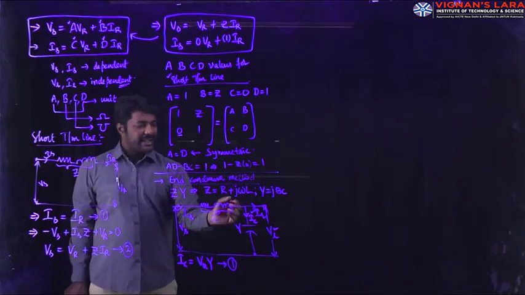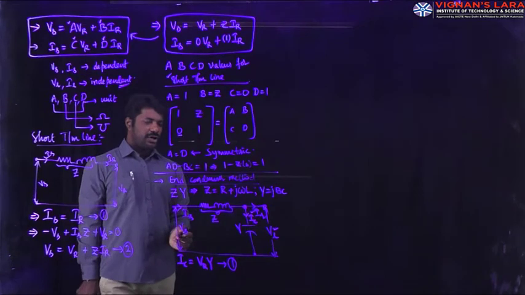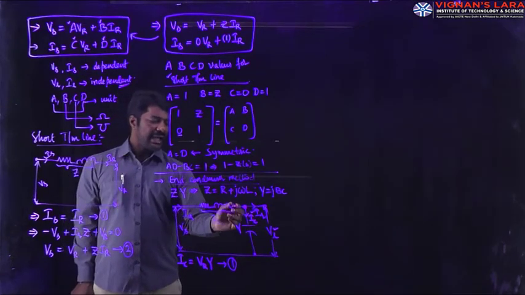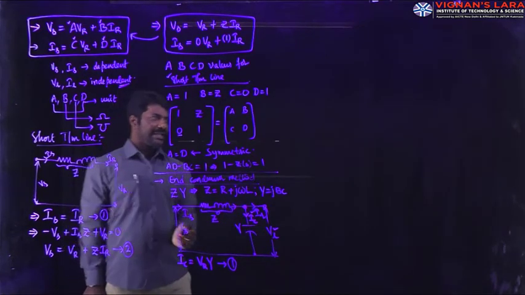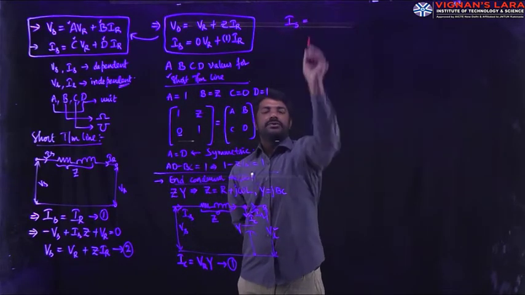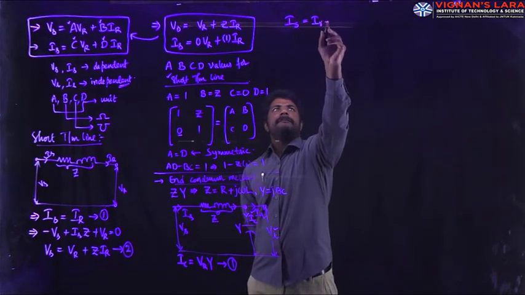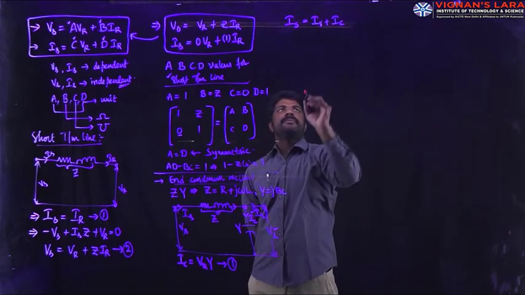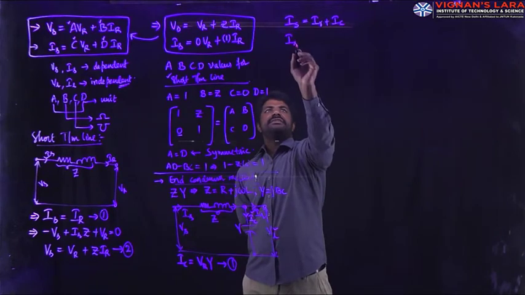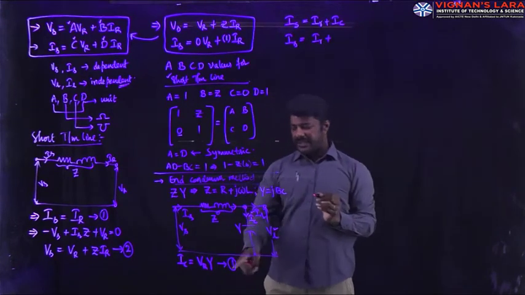So apply KCL at this node. On applying KCL at this node, we get a current called IS. As per the KCL, the current IS is equal to IR plus IC. What is IC as per equation 1?